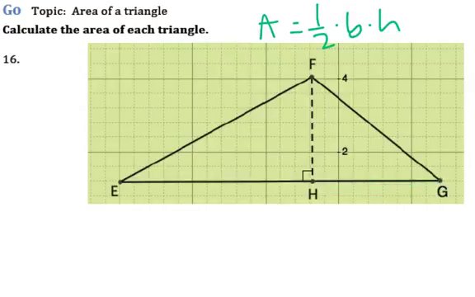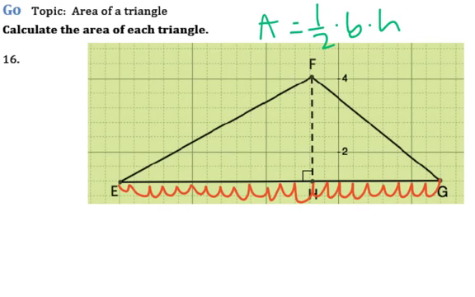Now, it's done on squares on a coordinate plane, so that's going to give us an idea of the length. So we just count. 1, 2, 3, up to 22. So I've got a 22 for a base. And for my height, 1, 2, 3, 4, 5, 6, 7.